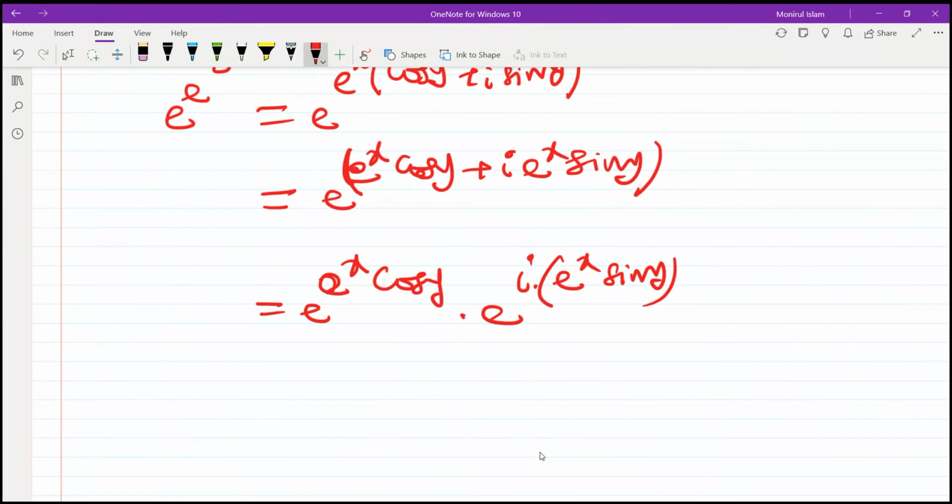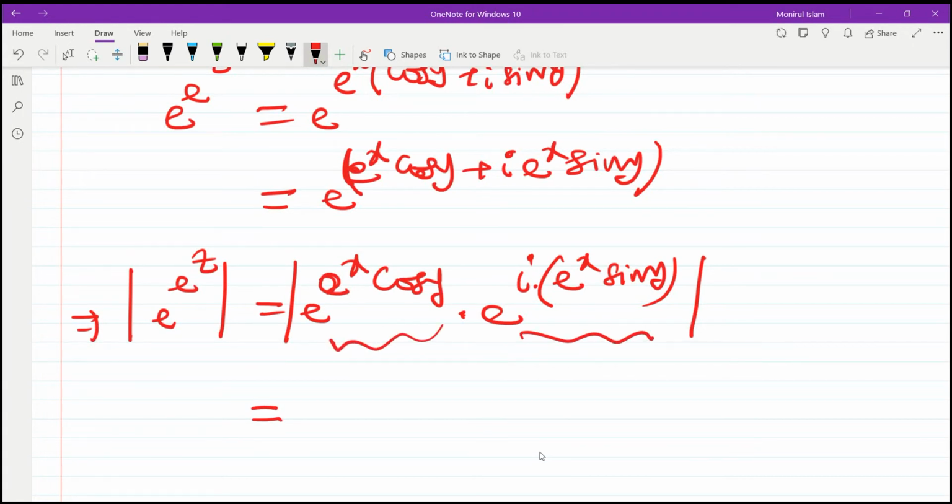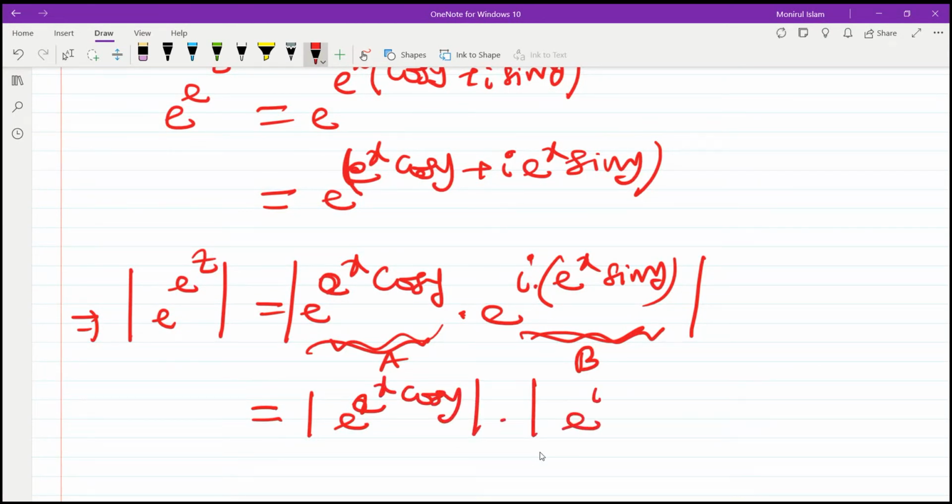Now if you take mod on both sides, mod means modulus. If the total is AB, then the mod of AB is the individual mod of A and mod of B. So the mod of e^(x cos y) is one term, and the mod of e^(i e^(x sin y)) is the other term.